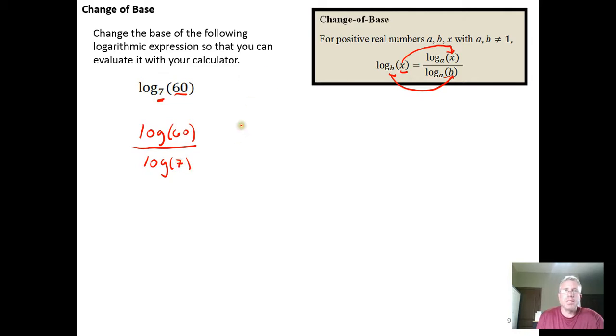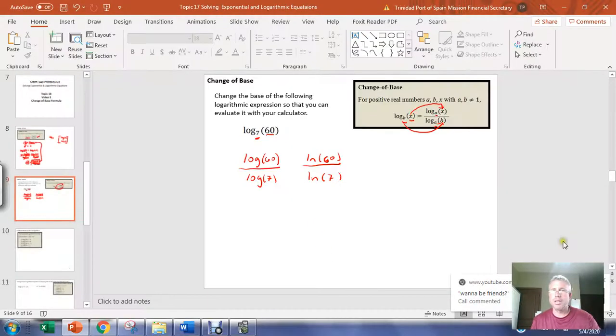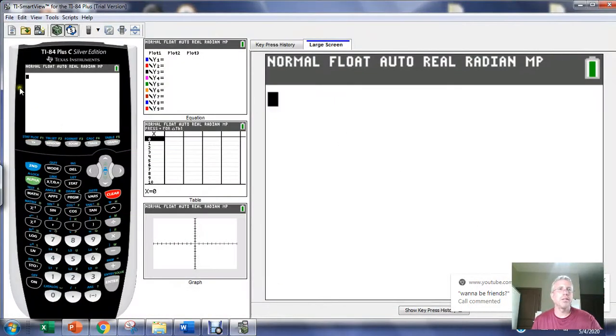And I could just as easily have done this with the natural logarithm, because the base doesn't matter on the change of base formula. It doesn't matter what base a is, as long as it's a legit base. So I could use log base e, which is the natural logarithm, and put a 60 and a 7 here. If I pop those into a calculator, I have my log button right here.